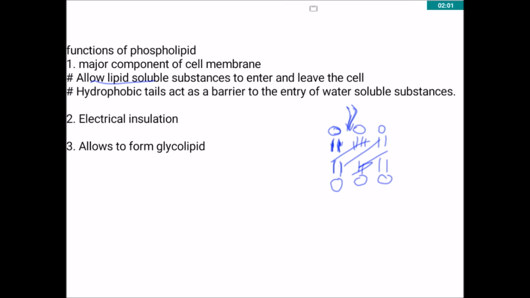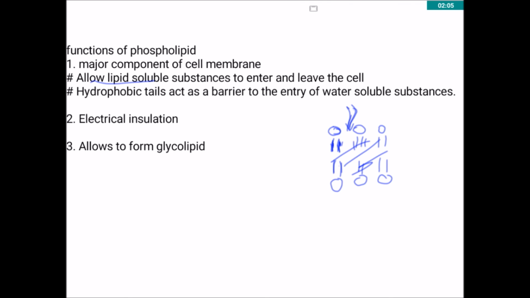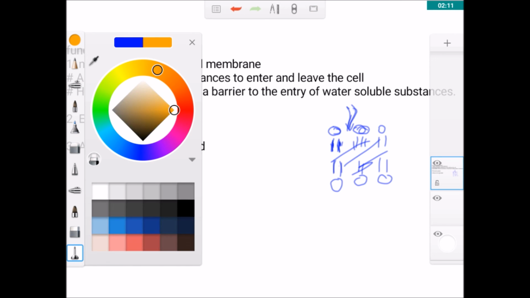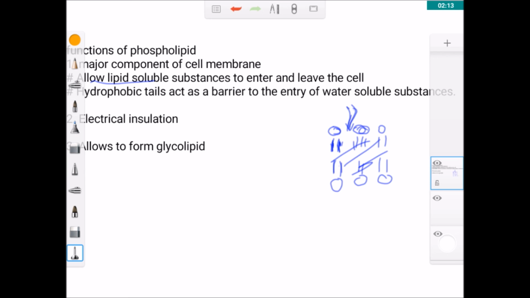The third function is they allow the formation of glycolipids. Some of the lipids can form on the surface of the phospholipid molecule, so they will form chains like this. Again, you will learn this in detail when you learn about cell membranes.